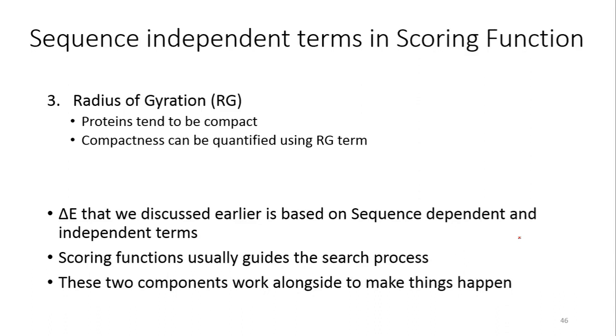Now, do you remember this term again, e raised to minus delta E by kT? This function usually determines whether or not to accept or reject the new configuration in the Monte Carlo algorithm. In this expression, the value of delta E is based on the sequence dependent and sequence independent terms that we calculate in scoring.